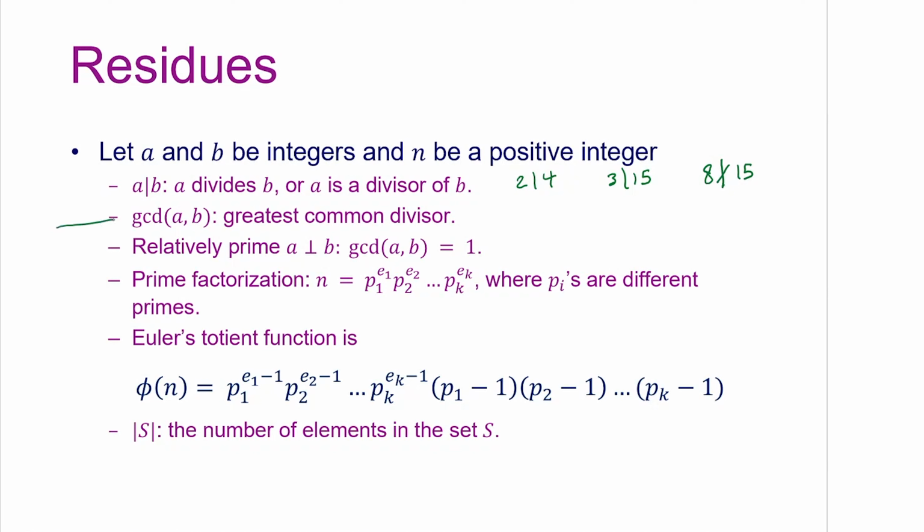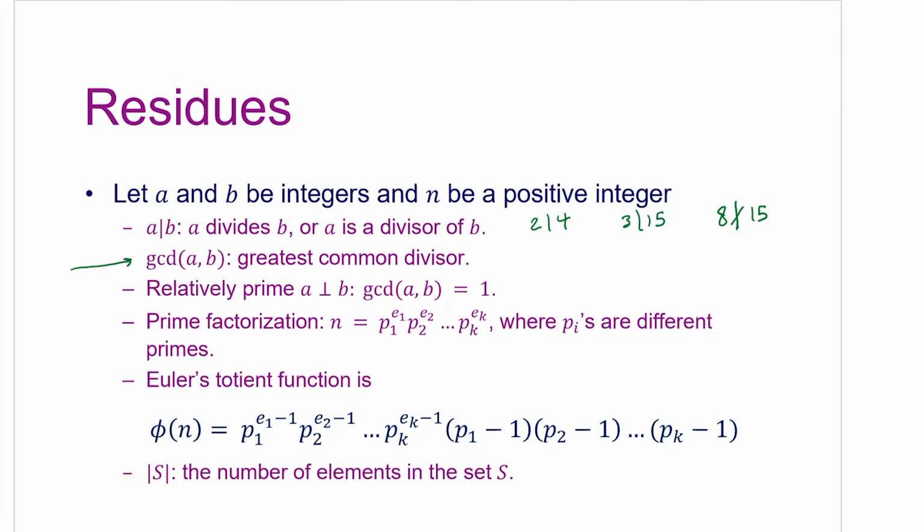We have another notation called GCD. I think you are familiar with this notation of greatest common divisor. Let me give you an example. Sometimes we are interested in finding the GCD of two numbers. For example, I ask you what is the GCD of 9 and 15? You will say that 9 is 3 times 3 and 15 is 3 times 5.